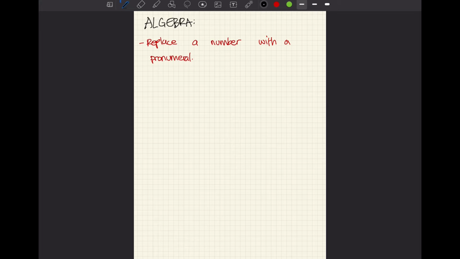So let's say we have the equation 0 equals 5 minus 5, okay? But we wanted to generalize this. So we could write 0 equals 5 minus x. Then what we could do is solve this equation to find x. So this allows us to make generalizations about maths.